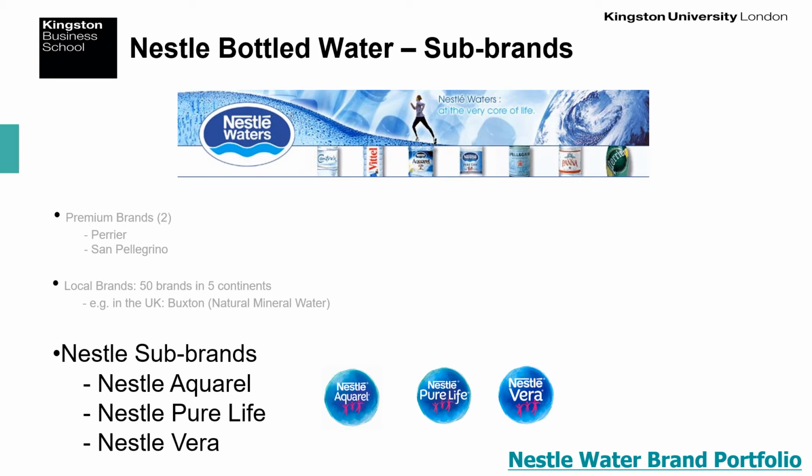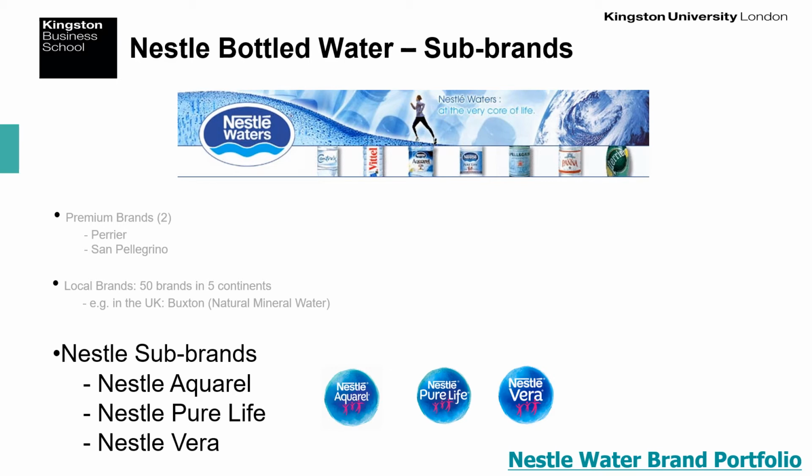And you can see from the images here that there's a great deal that unifies these brands. You can see that they come from the same portfolio. The Nestle name and the sub-brand name of Aquarel or Pure Life or Vera are roughly equal in proportion on the packaging. And with cheaper water, it is very important to have the reassurance that it is pure, that it is safe to drink.